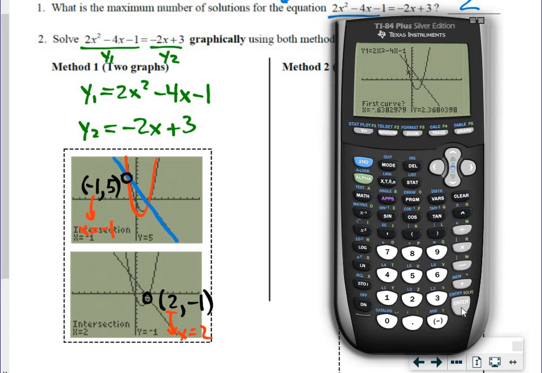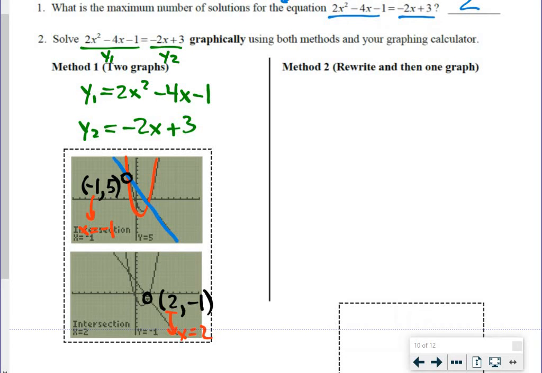So I select the parabola and the linear graph in that area, and I tell it to guess. So I hit enter again, and there's the intersection point. Now to find the second intersection, I do second trace again, intersect, and I'm going to pick 2 points on each graph in the neighborhood of the second intersection point, and that's the second intersection there.